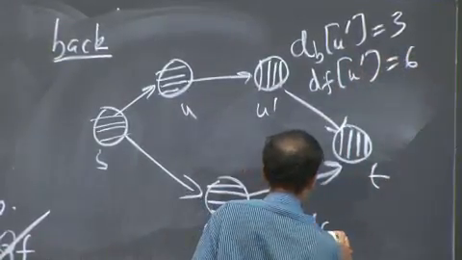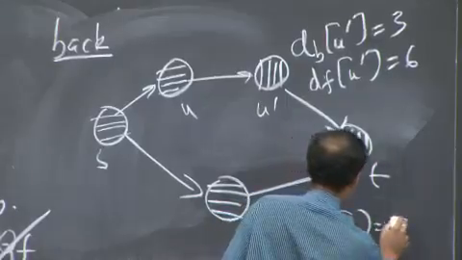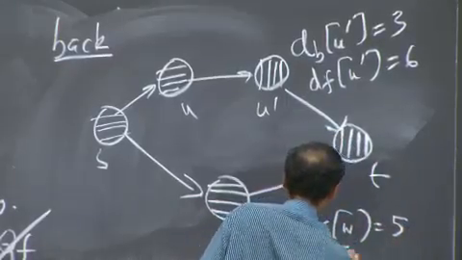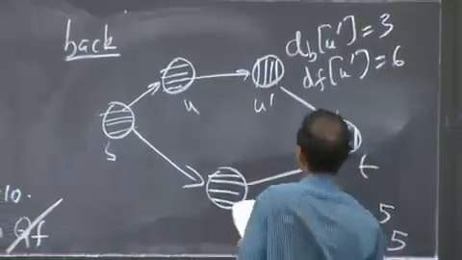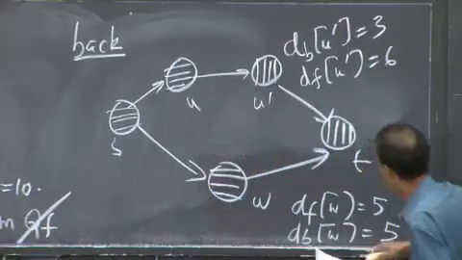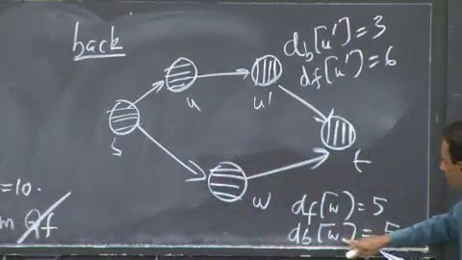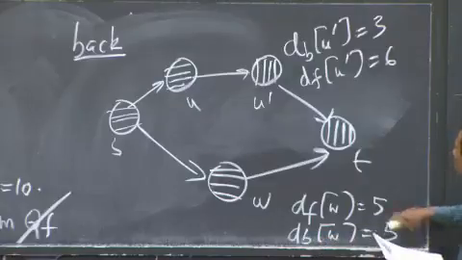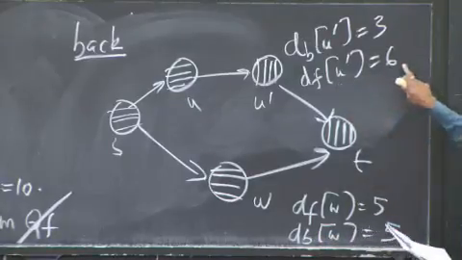This was DF of W equals 5, DB of W equals 5, and so on. Again, you compare W, and you see that DB of W equals 5, and DF of U prime equals 6.